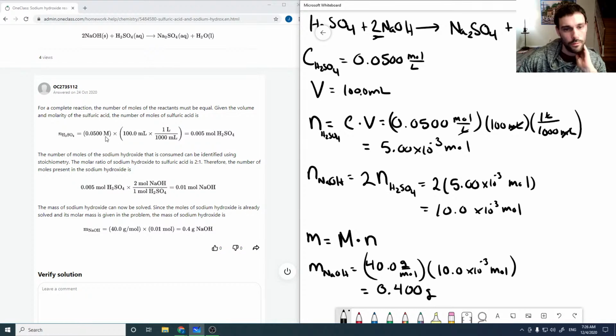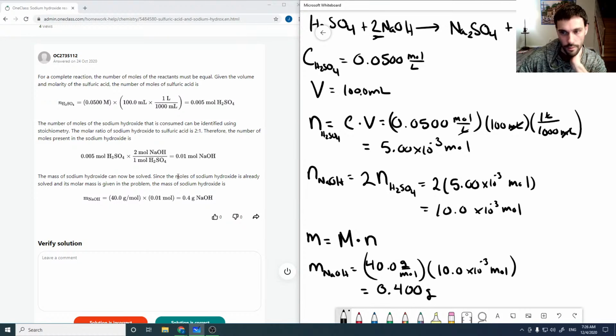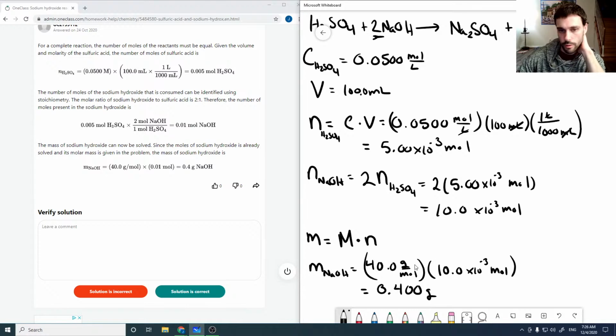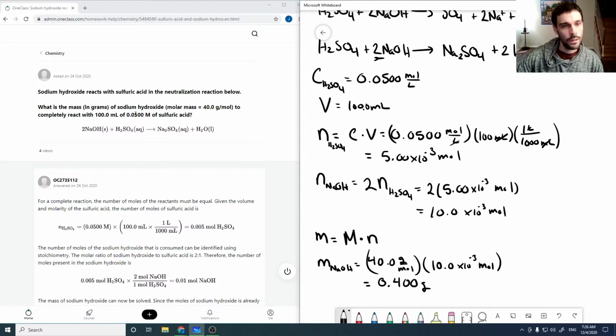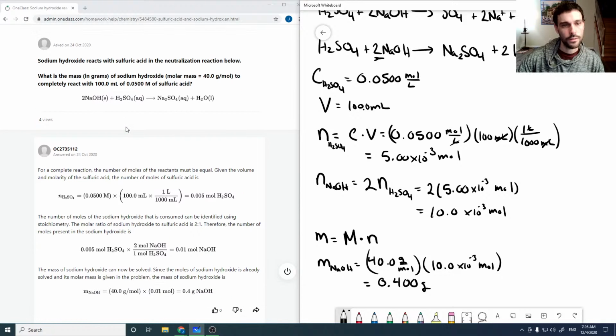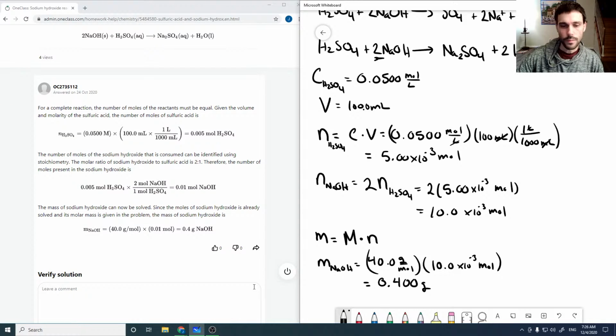So just relating it to the balance, we get 0.01 moles, which is 10 times 10 to the minus 3. And so then putting this all through, we get 0.4 grams of NaOH, which I'm writing as 0.400 because the only things you need to worry about are the measured values for sulfuric acid, and the smallest significant digits there is 3, so 0.400.